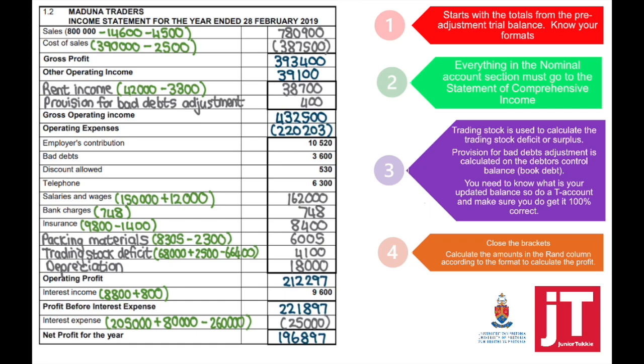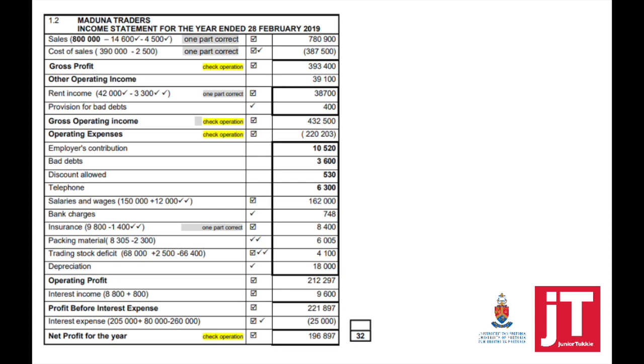Now, when you're looking at the memo now, you would notice that there are ticks with a block around that. That is a method mark. So when we look at, and this is not just a free mark for writing anything there. If you look at the first method mark in sales, one part must be correct for you to get that method mark.